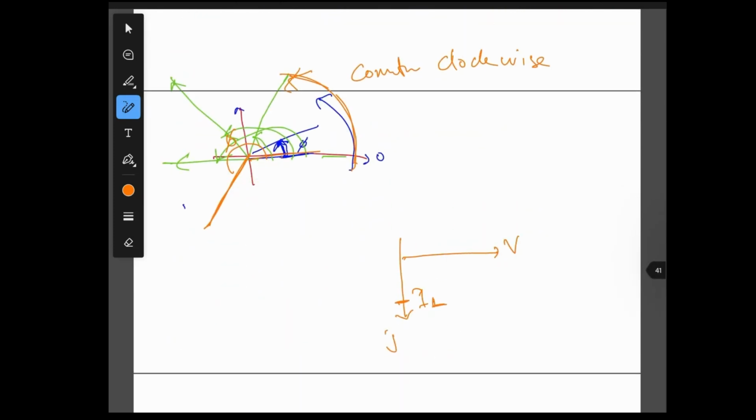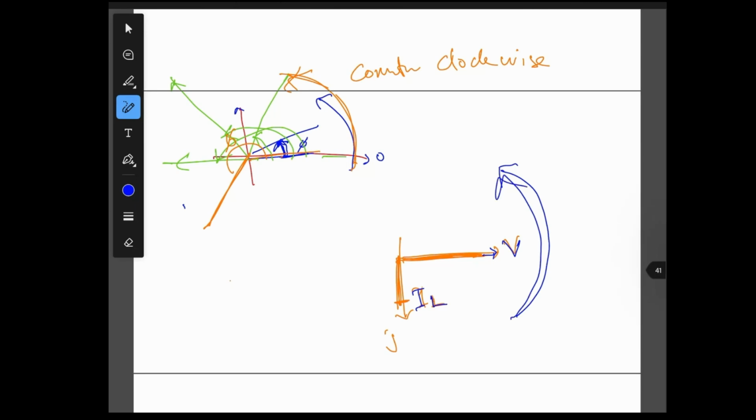Let's say we rotate counterclockwise. When we rotate it, V comes in front of IL.